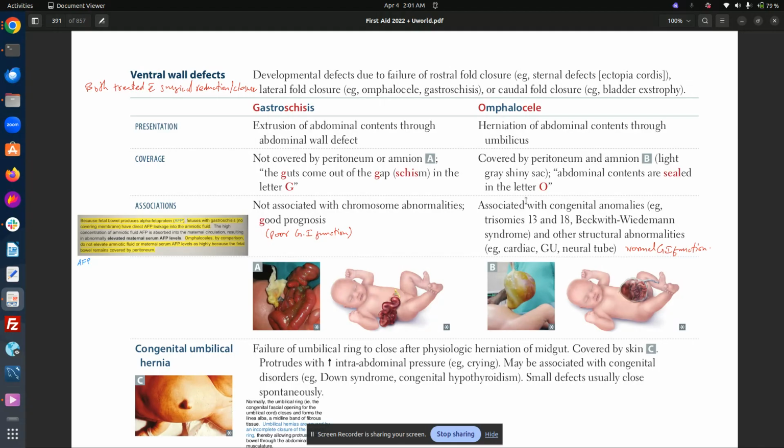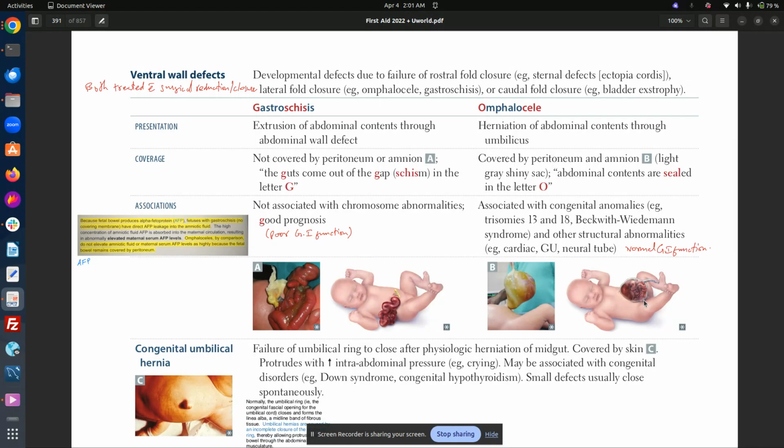Omphalocele is herniation of abdominal contents through the umbilicus. You can see in picture B, the defect is through the umbilicus. Okay, and the abdominal contents, whether it is intestine or any other organs of the abdomen, all these eviscerated abdominal contents are covered by peritoneum or amnion.